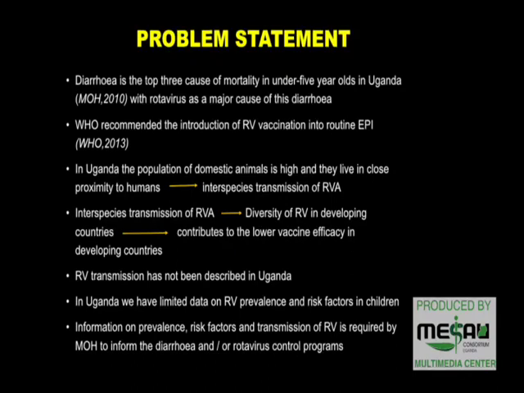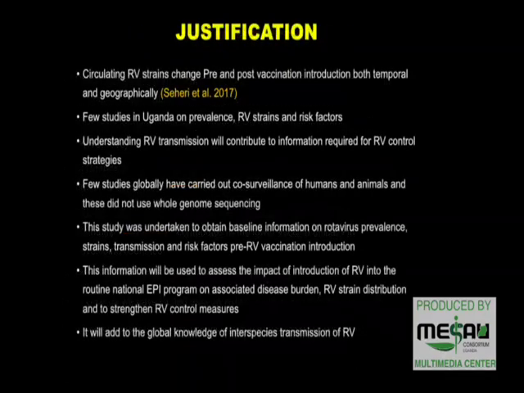We also have limited data on rotavirus prevalence and risk factors. This information on prevalence, risk factors, and transmission is required by our Ministry of Health to inform their diarrhea and rotavirus control programs. As I already mentioned, Uganda introduced rotavirus vaccination in 2018, and also globally.